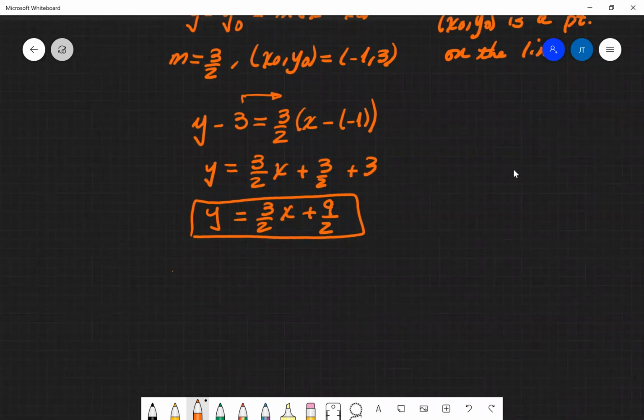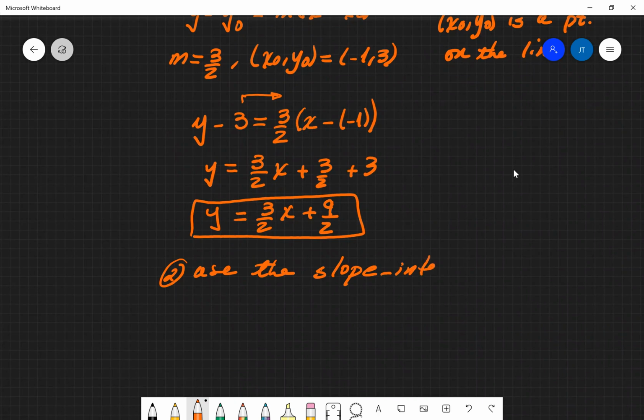How about we use the slope-intercept form to get the equation of the line?